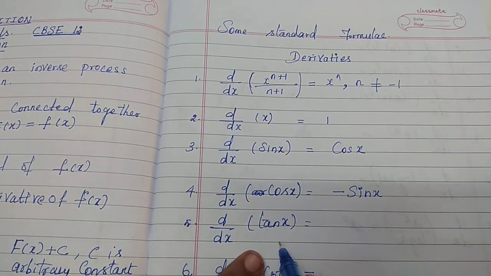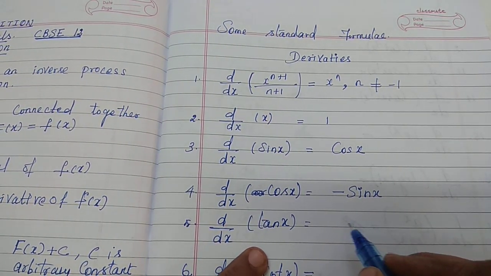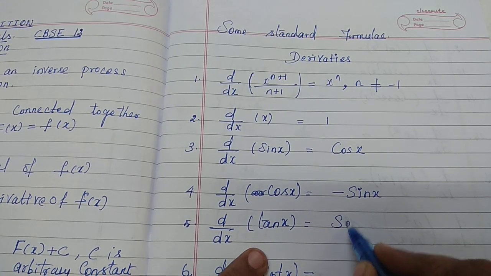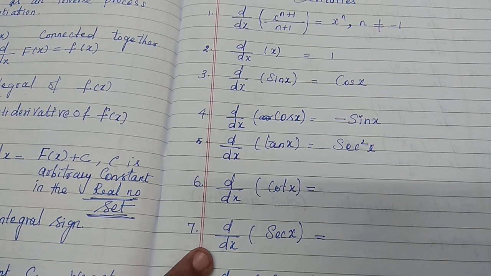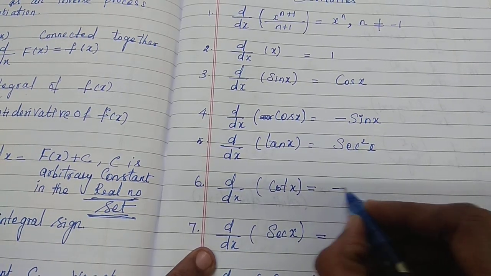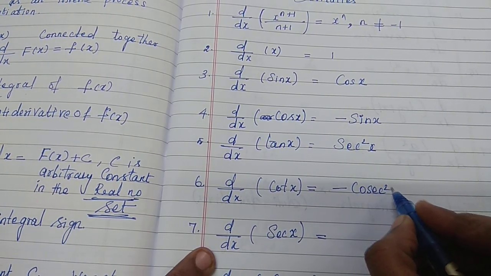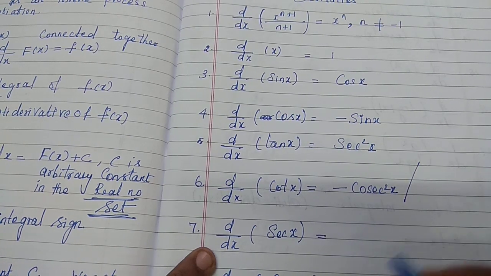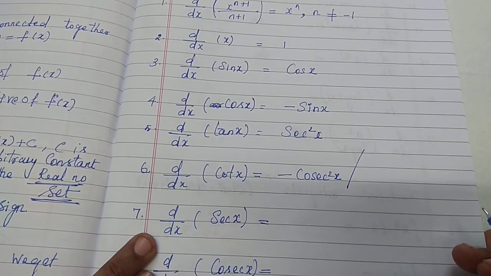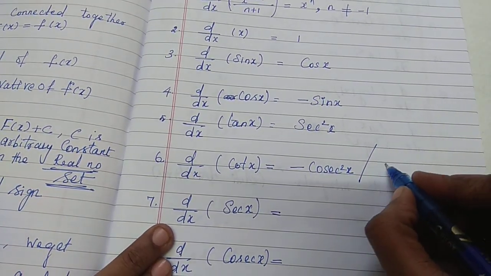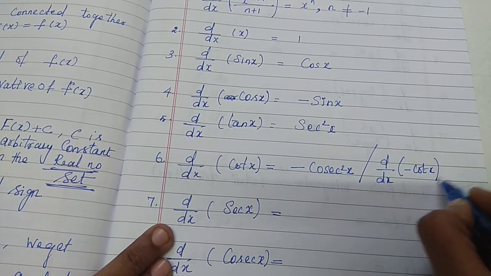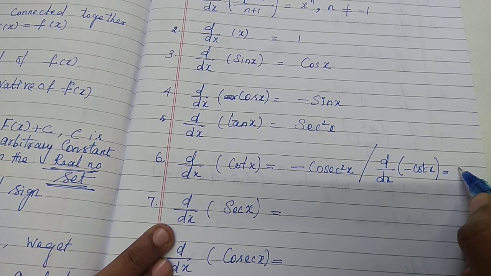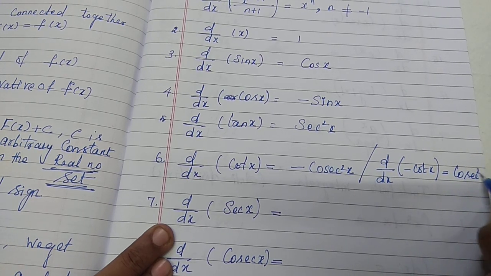Differentiation of tan x is secant square x. Differentiation of cot x is minus cosecant square x. Suppose d by dx of minus cot x means the formula is cosecant square x only.